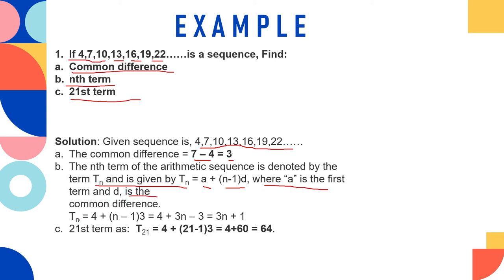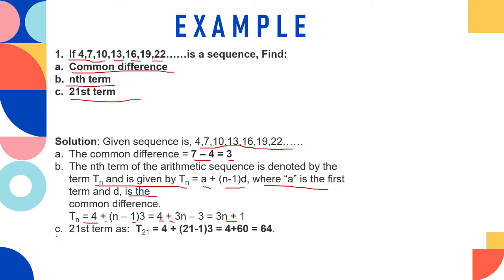So Tn equals 4 plus (n minus 1) times 3, equals 3n plus 1.